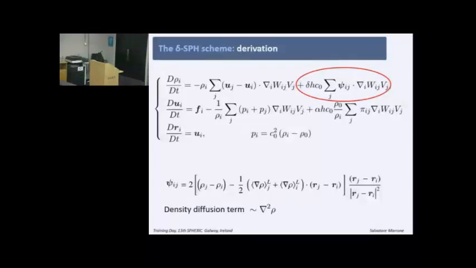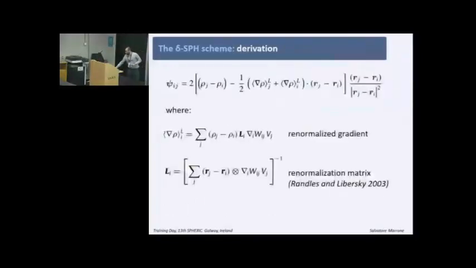The structure is the same. You can see there is a delta coefficient, like here alpha, then there is h, c0, and then there is this summation on this Psi-j. We will look more in detail at this term, just to say that it is a normalized gradient.